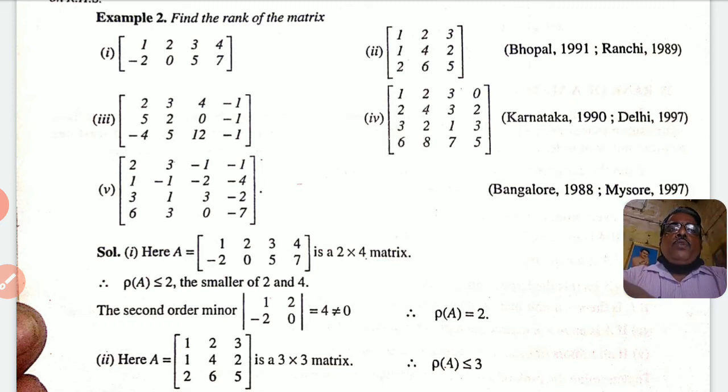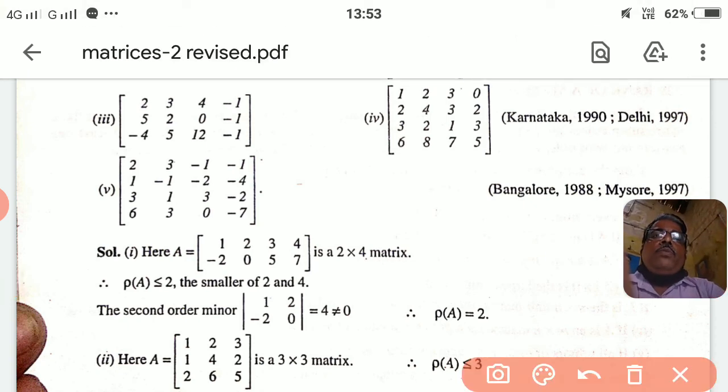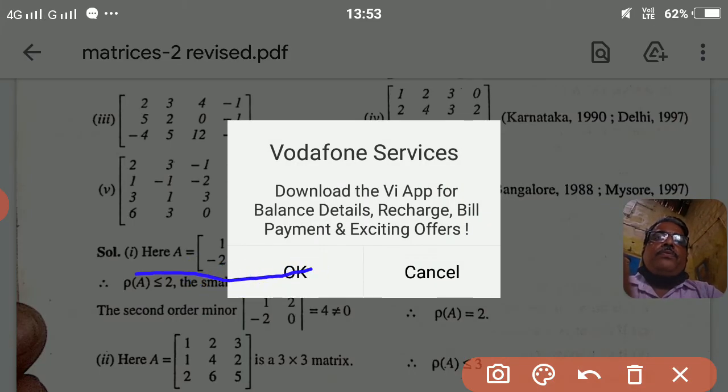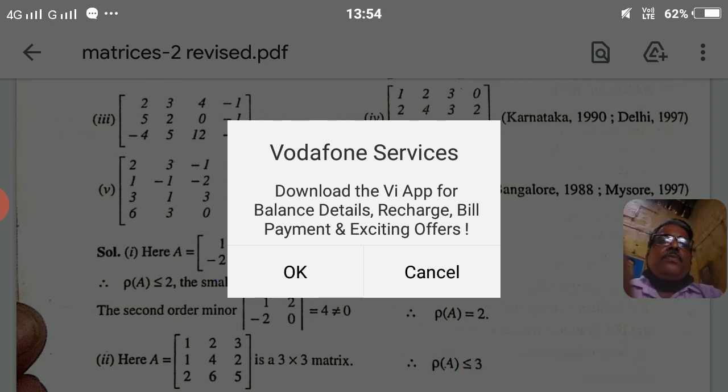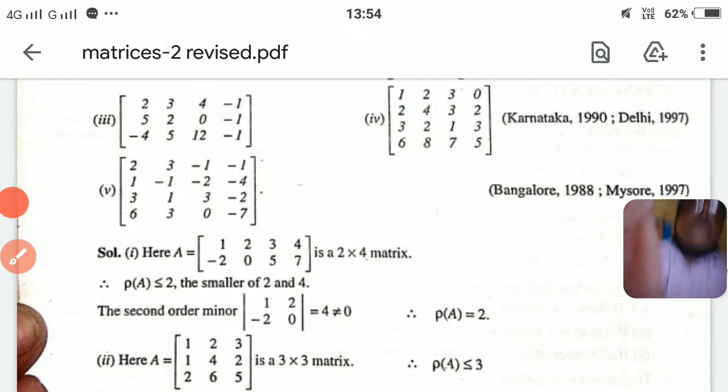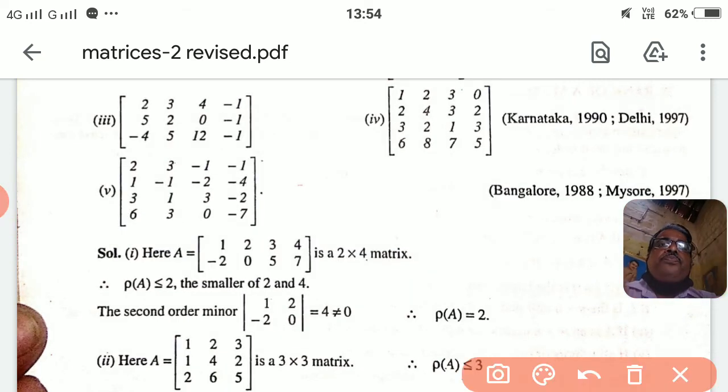Here the matrix A is 1 2 3 4 in the first row, and the second row is minus 2 0 5 7. Now it is a matrix of order 2 cross 4, right?